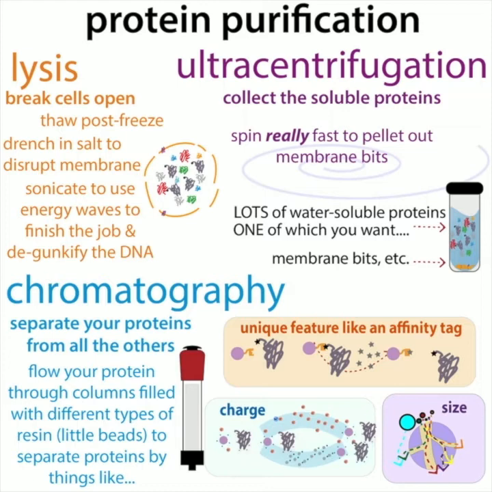So take a little bit of that pellet, mix it in a bunch of SDS loading buffer, boil it, spin it, and take a little bit of that and see if the protein is there, because that'll tell you it was expressed, but it's going into this insoluble portion. If that happens to you, there are things that you can do to try to purify it out of the inclusion bodies and refold it.